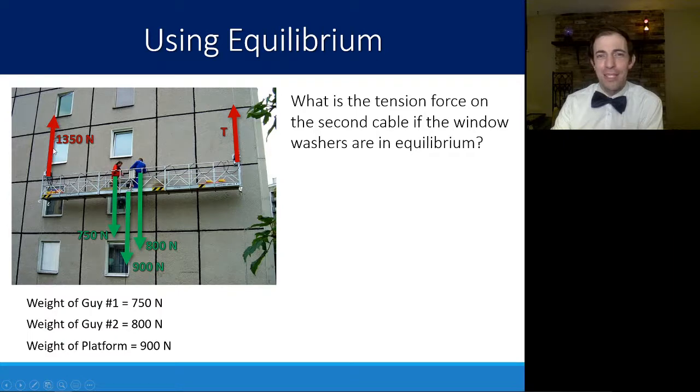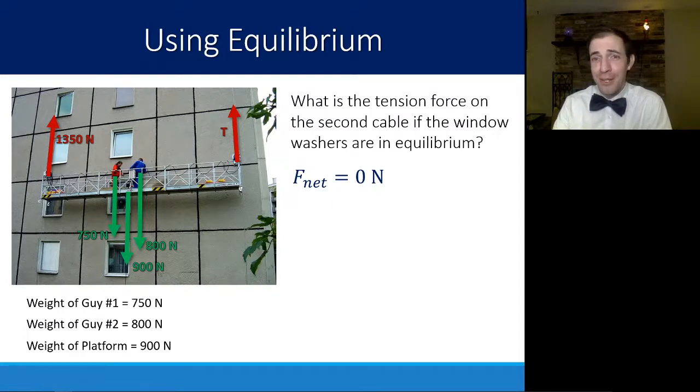We got a cable that's supporting 1,350 newtons, and then a cable of some unknown tension T. They're not perfectly distributed, so this isn't necessarily going to be exactly that, but we know that all the forces must cancel out to give us a net force of 0 newtons. I would like you to go ahead and figure out what that missing force is. What is the tension on this side of that platform?